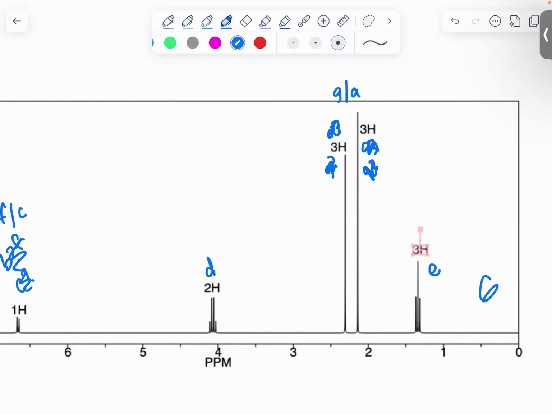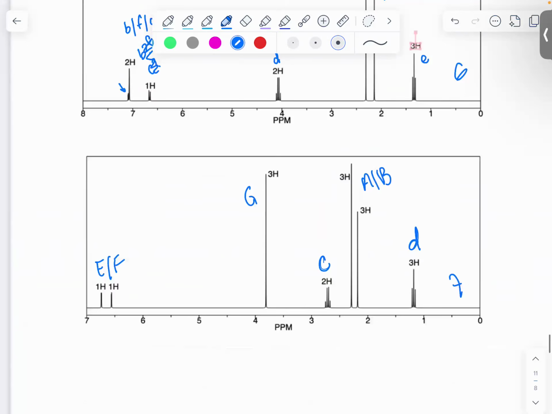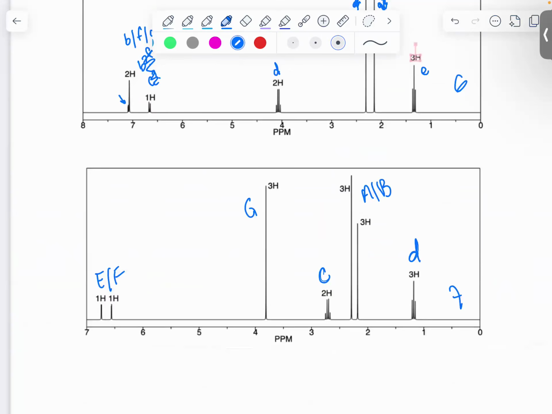This is like an unfailing system. If it's possible to differentiate them, like if it's a methyl versus a methyl attached to an oxygen, then it's possible to differentiate. But if it's two methyl groups, that is not possible to differentiate for you guys. Any other questions on NMR?